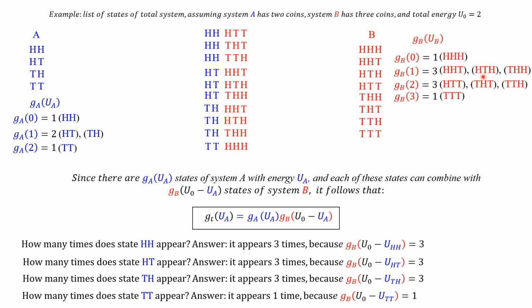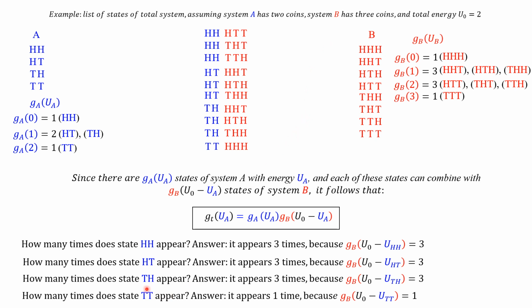So we have 3 states of system B that can combine with the state HT to form a state of the total system. So these are the states of the total system formed by combinations of the state HT of system A with these 3 states of system B.